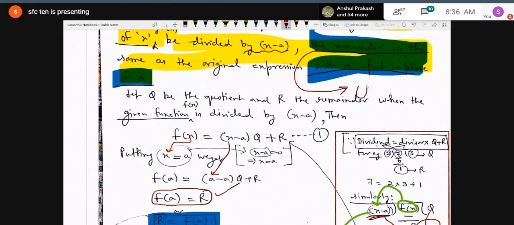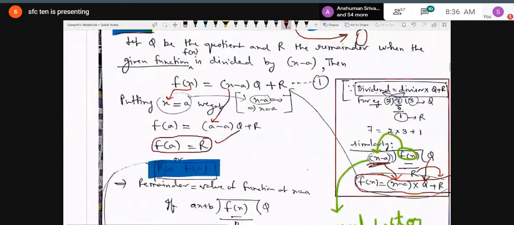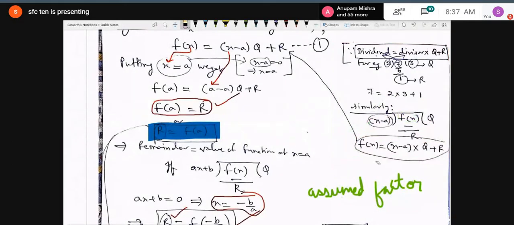Like in the first case, f(x) was the function and we were dividing it by x minus a. We were getting some quotient and some remainder. Suppose the remainder is 0, then you can directly say that whatever the divisor is, it is a factor of f(x). This is what the factor theorem says.